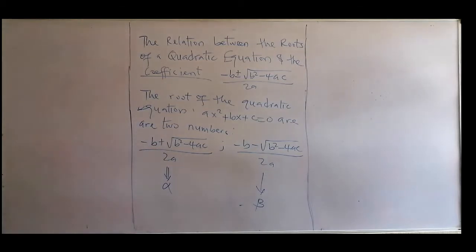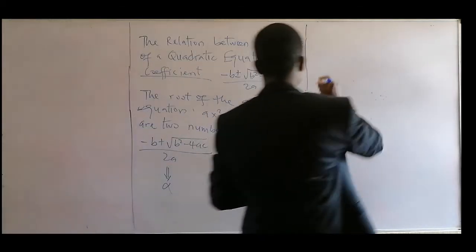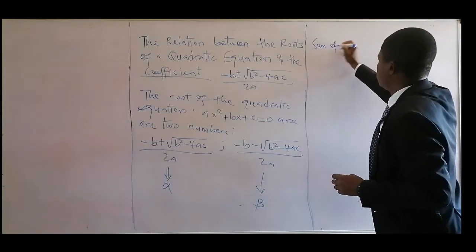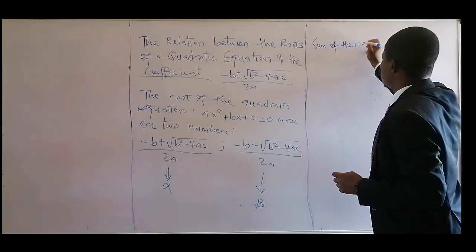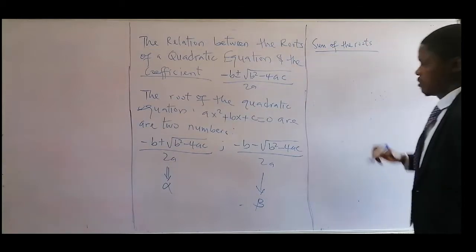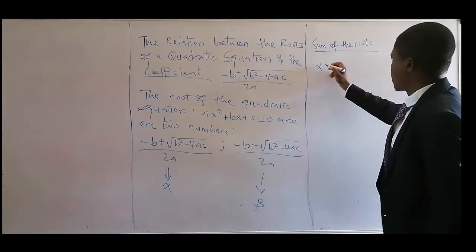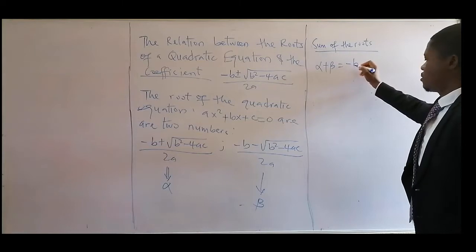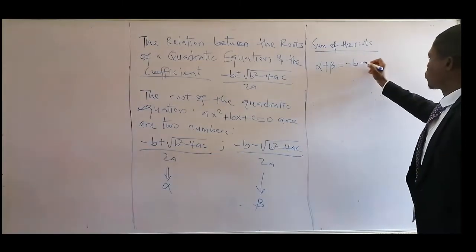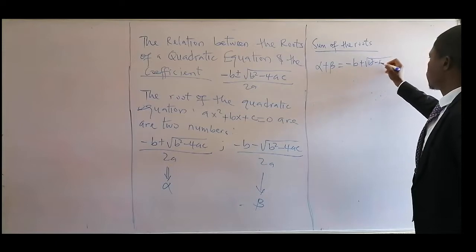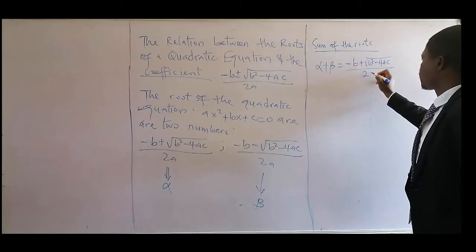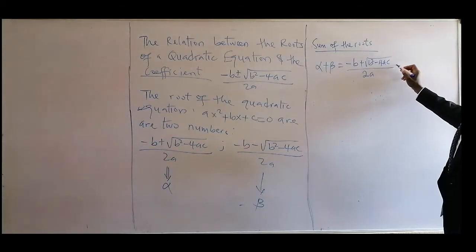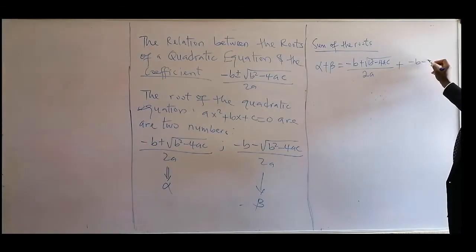Okay, so what we want to do now is get the sum of the roots. We call the first one alpha, so alpha plus beta will be equal to minus b plus the square root of b squared minus 4ac over 2a, plus minus b minus the square root of b squared minus 4ac over 2a.